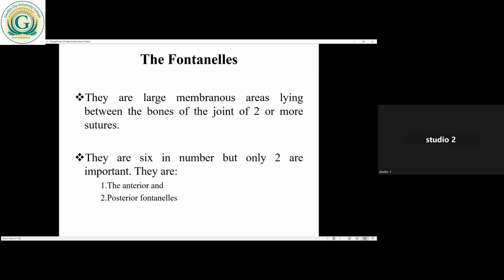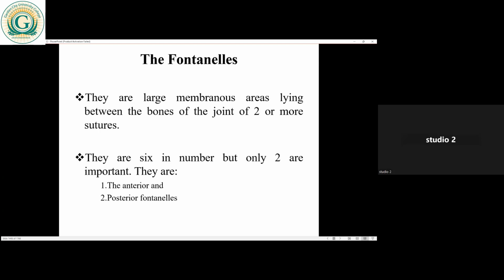Then we have fontanelles. They are large membranous areas lying between the bones at the joint of 2 or more sutures. They are 6 in number, but only 2 are very important. We have the anterior one in front, and then we have the posterior one at the back of the skull.